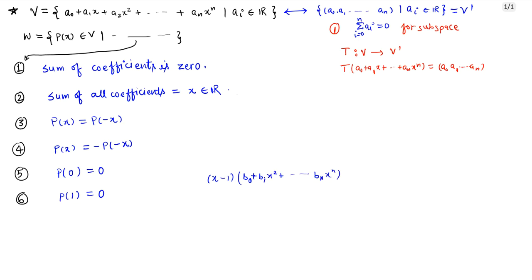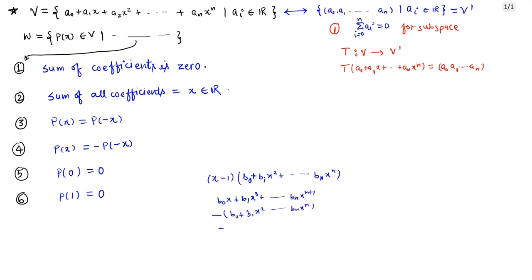We can write, then multiply by this, so we get b naught x plus b1 x cube and so on bn x to power n plus 1 and minus times of b naught plus b1 x square and so on bn x to power n, right?